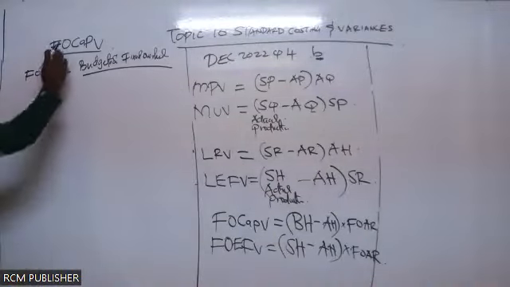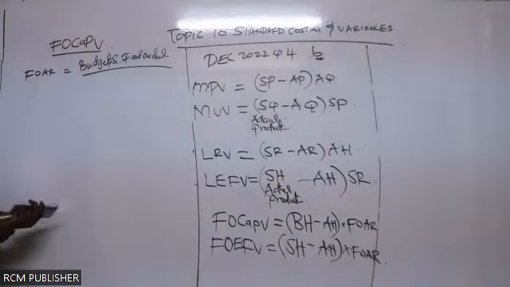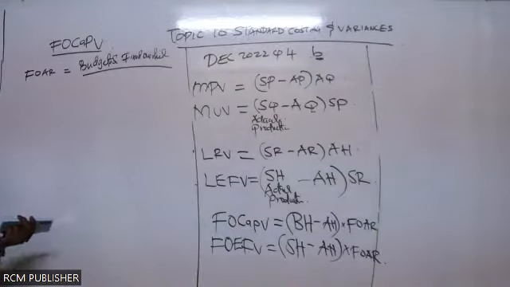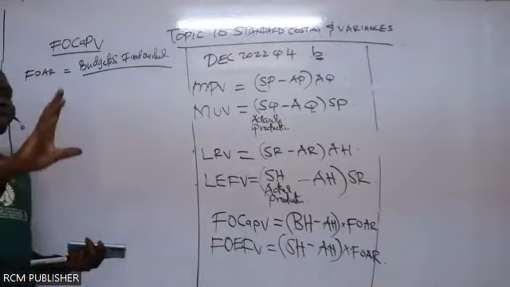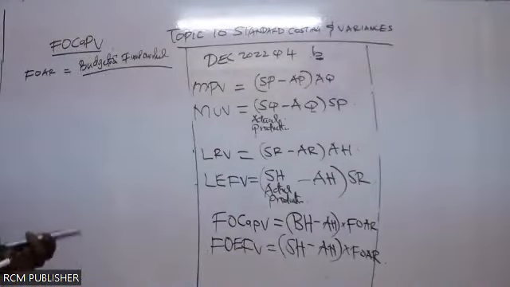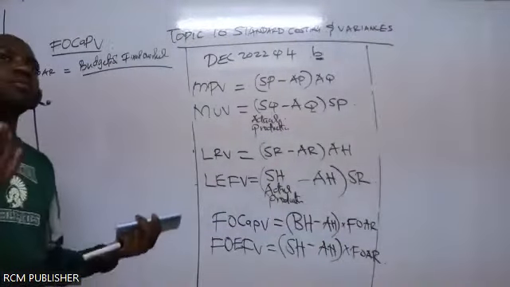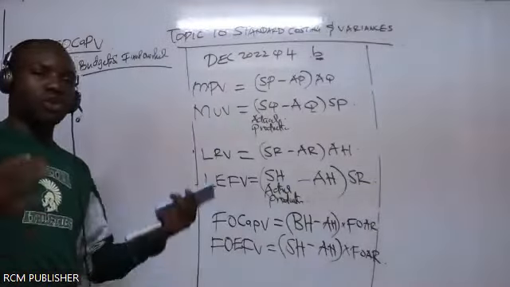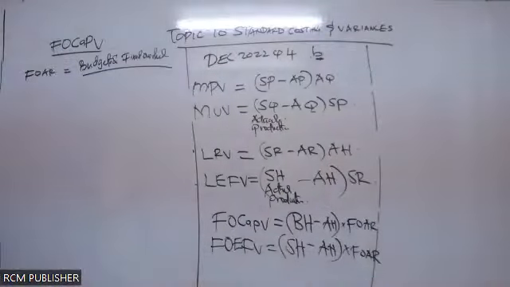The budgeted activity level there will depend on the rate that we have been given. What will be the absorption rate of the fixed overhead? Will it depend on the units of output? Will it depend on the total machine hours or total direct labor hours? What are we given there?